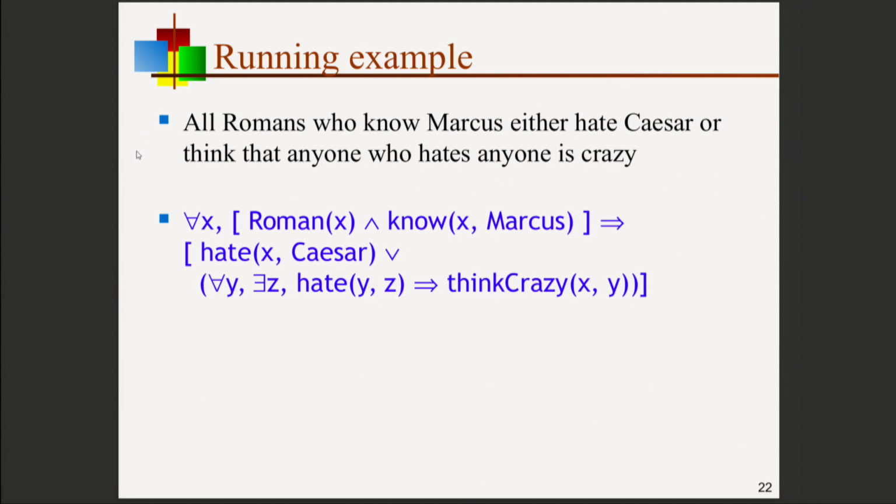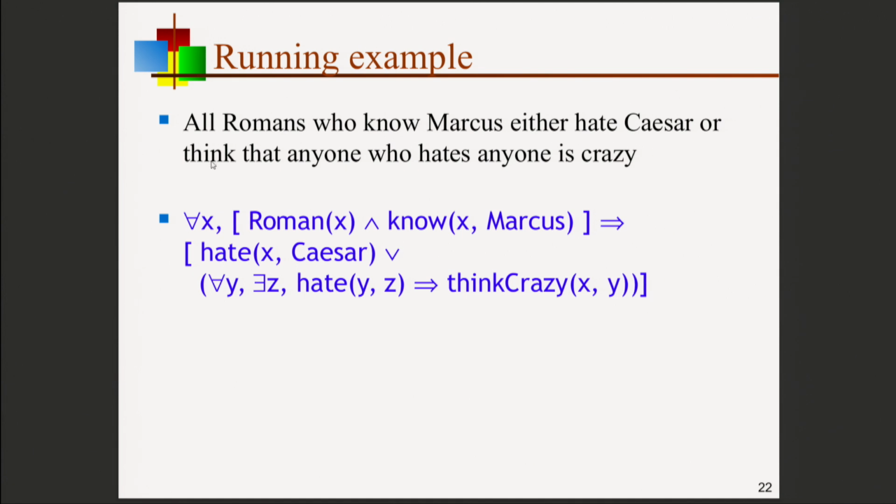Once we convert that into a predicate logic structure, we have this: for all Romans we represent it as for all x, if x is a Roman and he knows Marcus, that implies x hates Caesar, or think that anyone who hates anyone is crazy.